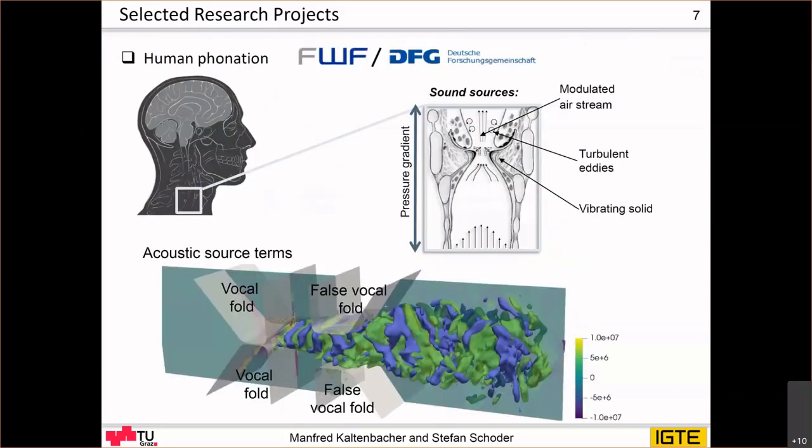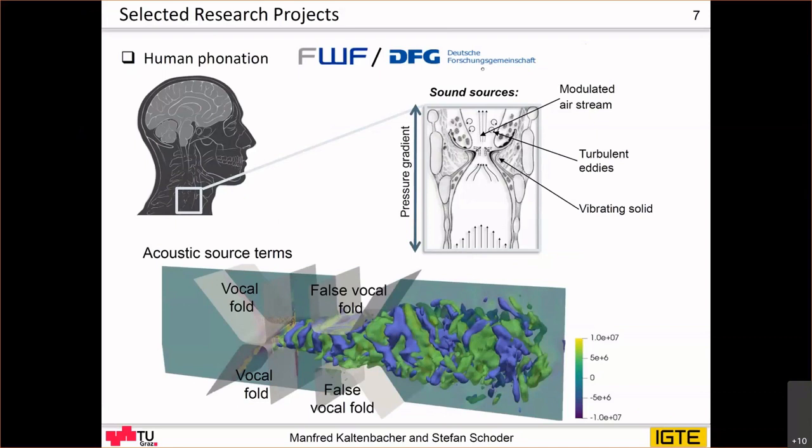This is also towards aeroacoustics. So when I'm speaking to you or you are speaking, actually it is flow-induced sound. It is not vibrational sound as it is by a loudspeaker. So if you look at this part here, which is the larynx, we have a cross section here, and here it is going towards the lungs, and here it's going towards the mouth.